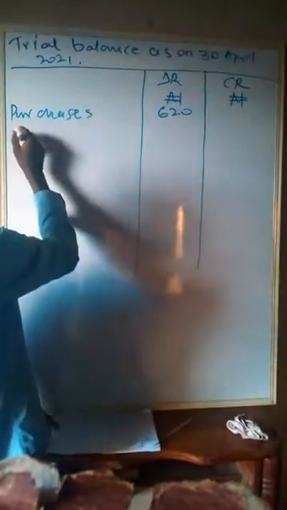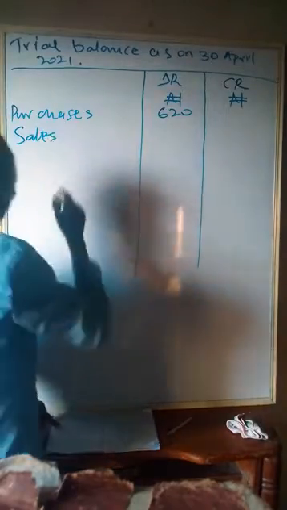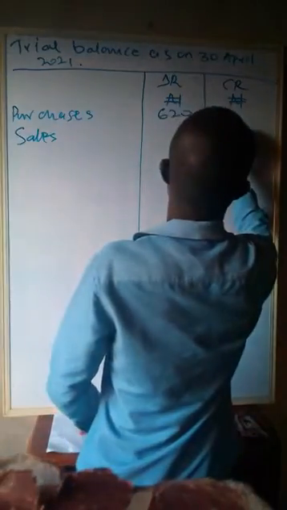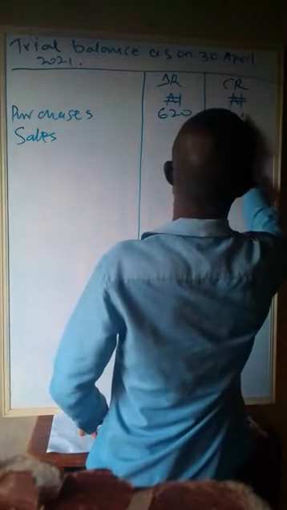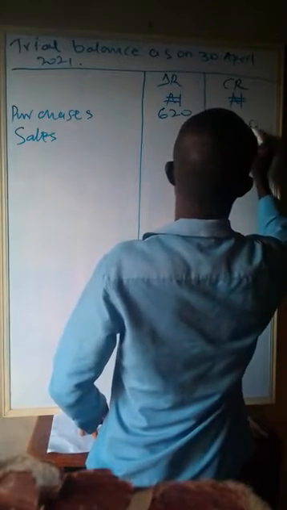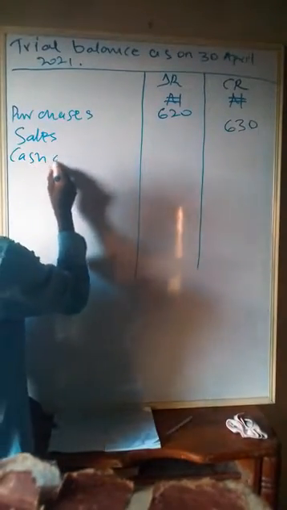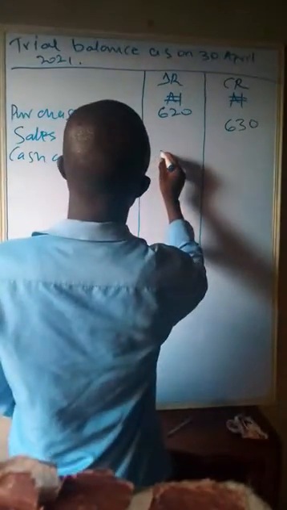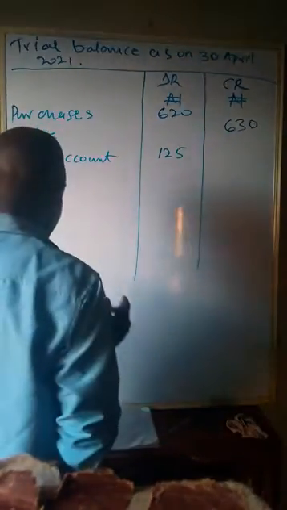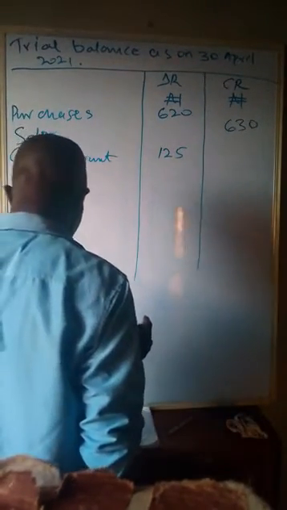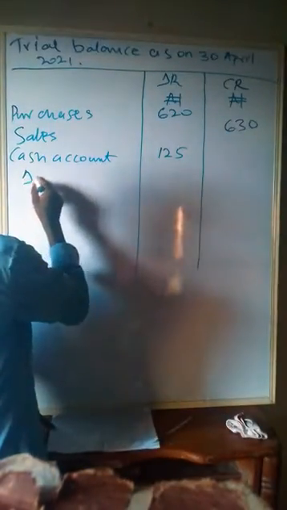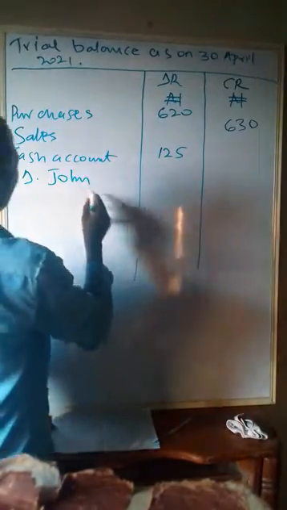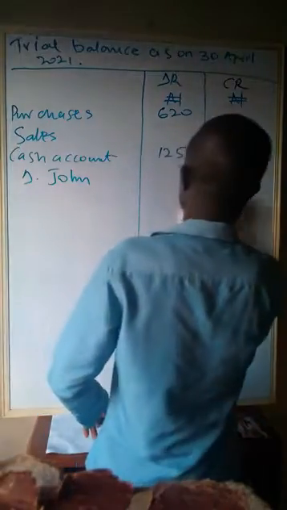I'm having sales, the balance there is 630. Cash account, and that's an asset account, that is 125. Then I'm having D John's account, that is 270.